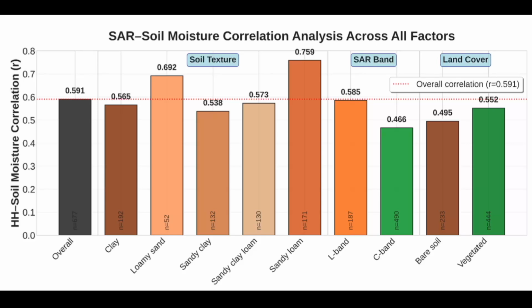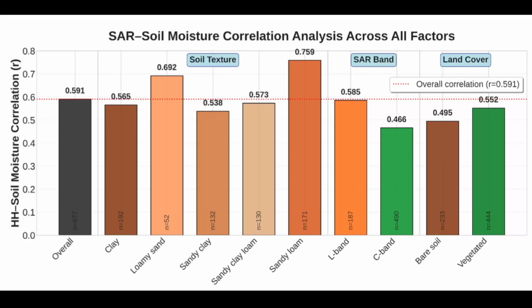And finally the land cover, bare soil versus the vegetated soil. So what we see is that when we focus on the soil texture, the loamy sand and sandy loam are above average, the red dotted line. Sandy loam actually is the highest with 0.759, much higher than any of the rest.